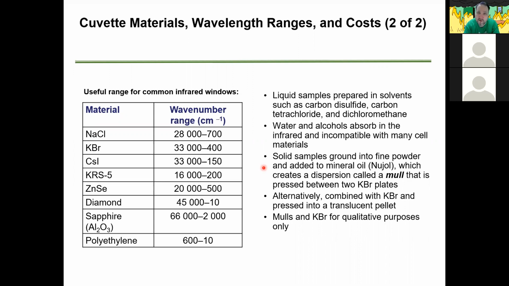Nujol mineral oil was originally sold as a laxative and purgative. Back at the end of the 19th century and the beginning of the 20th century, regularity was a real big health issue. And so products that made you poop were a large sector of the healthcare market. And Nujol was one of those things that was pretty commonly available.